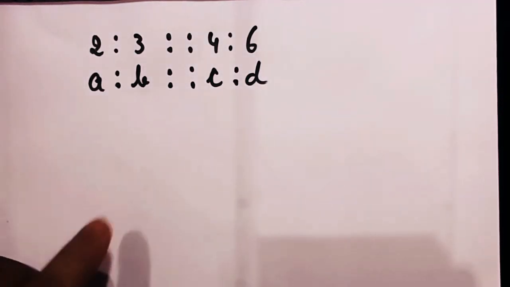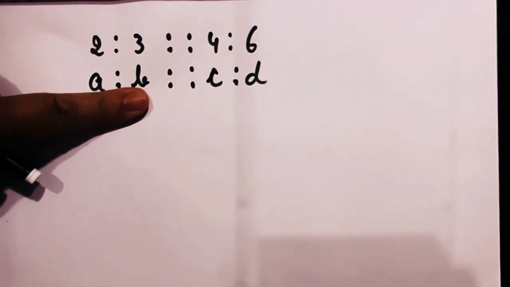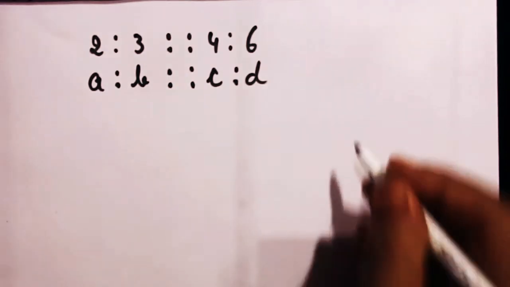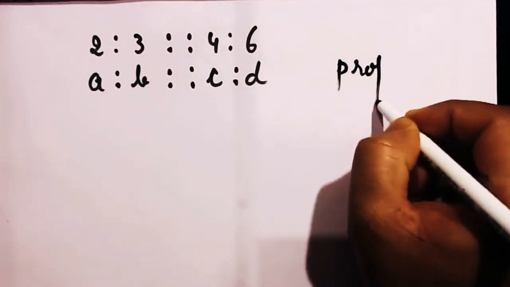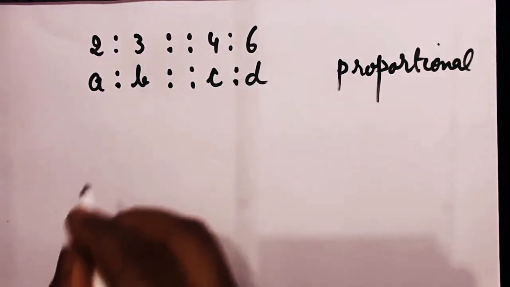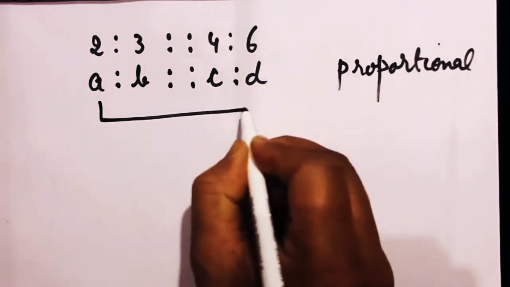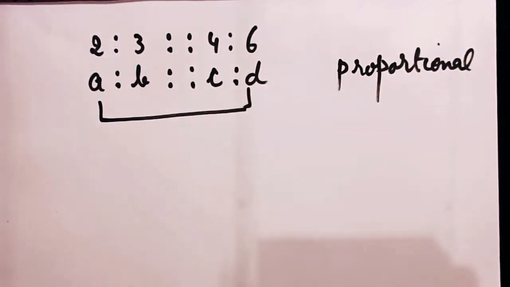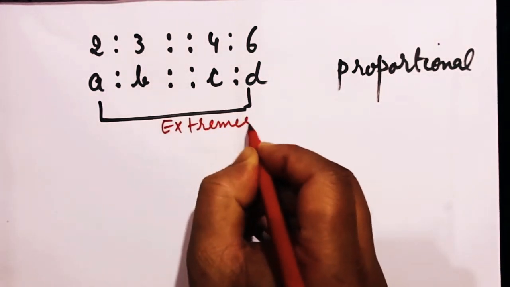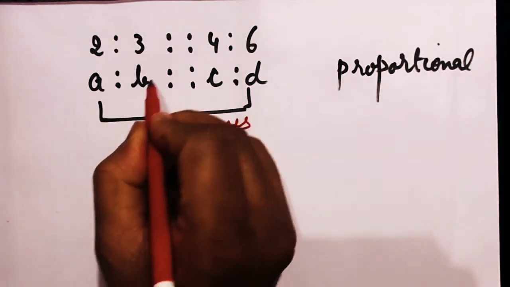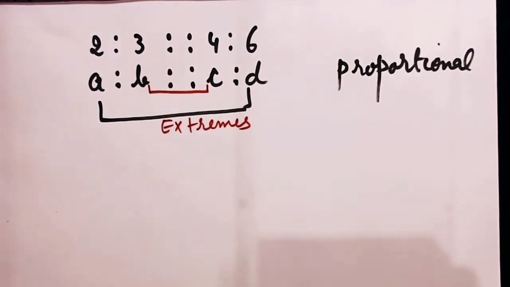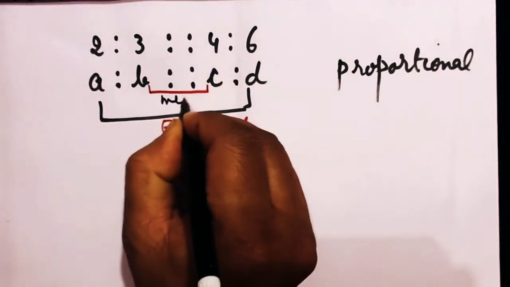Now when you have two ratios a:b and c:d as proportional, then the product of these two, which is known as extremes, and these two, the numbers in between, are known as means.